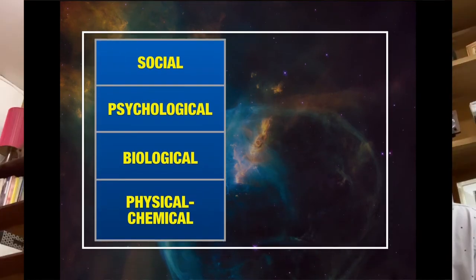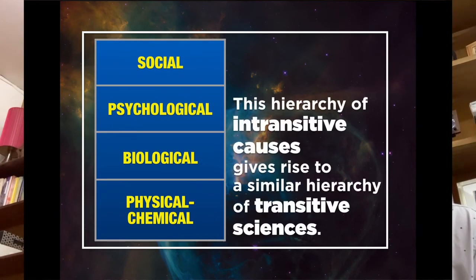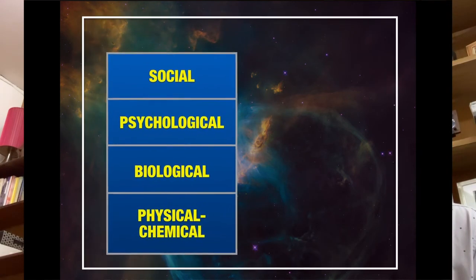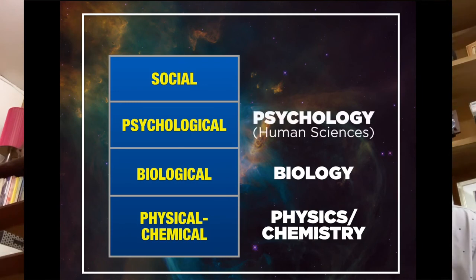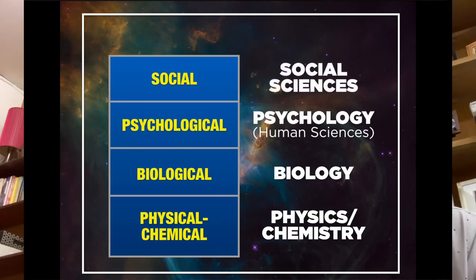This hierarchy of intransitive causes gives rise to a similar hierarchy of transitive sciences. So for the physical and chemical causes, we have physics and chemistry. For the biological causes, we have biology. For the psychological, psychology. For the social causes, we have the social sciences, and so on and so forth.